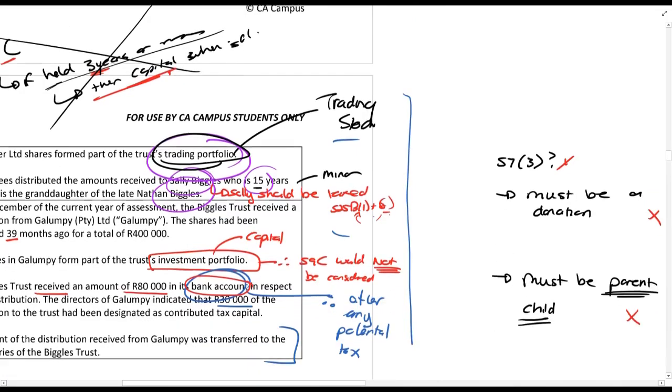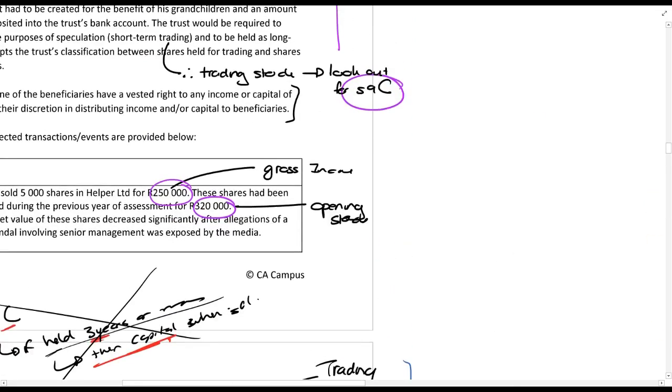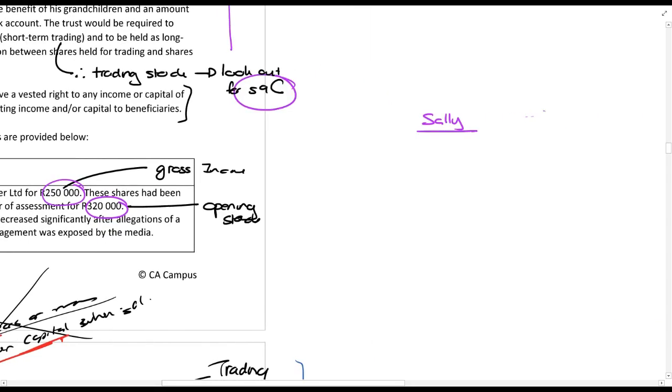Okay, so that's just one of the first things I want you to get out of the way. Then I want you to see here, so let's do it like this. Here's Sally, and here's the trust. So the sales go in for Sally. The cost of sales in this case is just opening stock. The cost of sales is a bit of a problem, so let me show you.